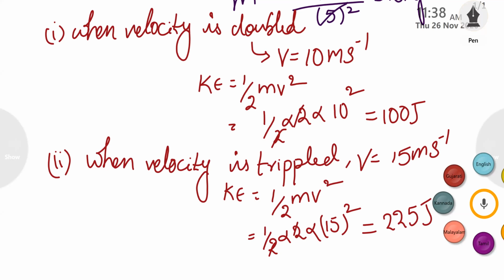What will cause greater change in kinetic energy of a body?